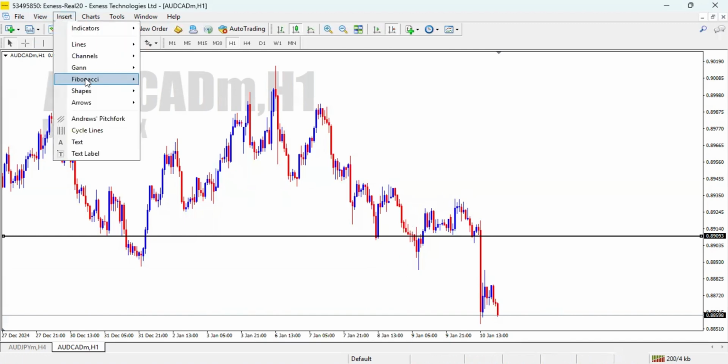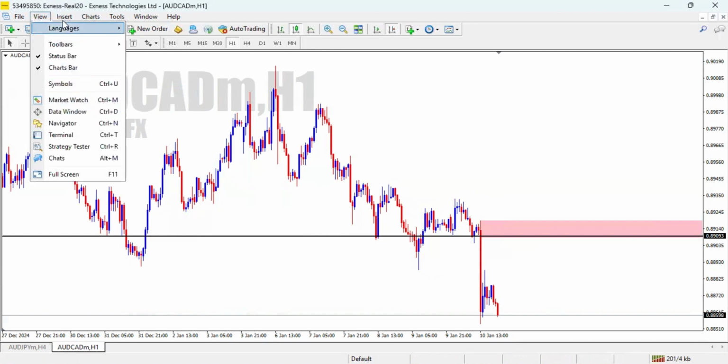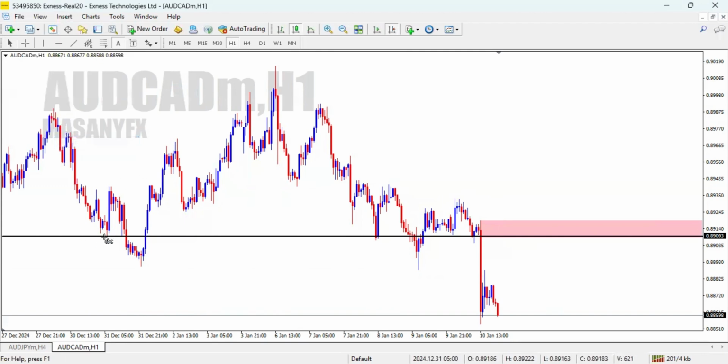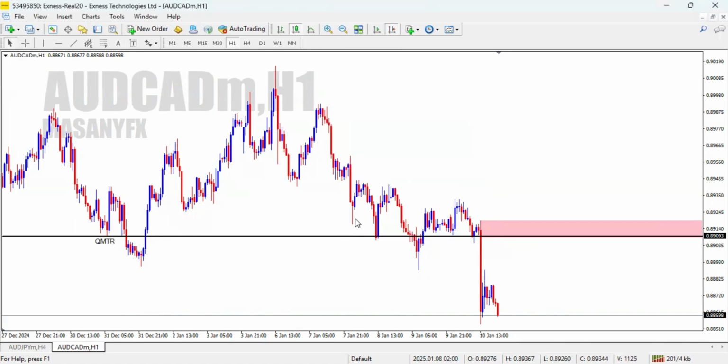So we can take advantage of this beautiful drop, base drop, because it is aligned with the QMTR. We have something that we call here a QMTR. So if we sell here, this is our zone.